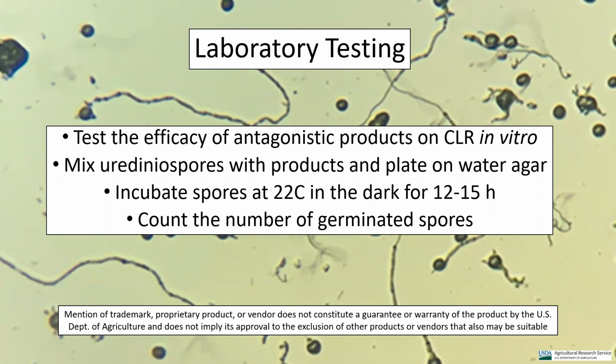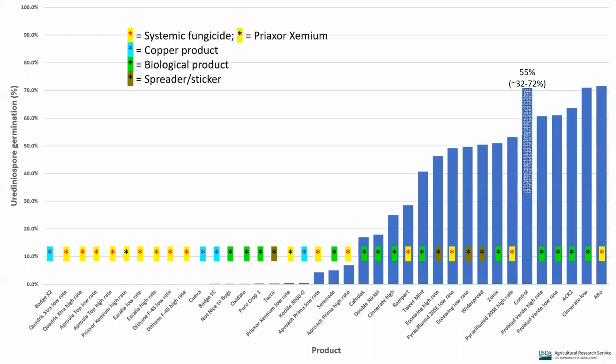We plate that on water agar, which is just a clear media in a plate. The plates are incubated at 22°C in the dark for 12 to 15 hours, and then we count the number of germinated spores.